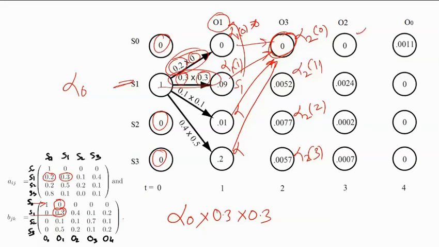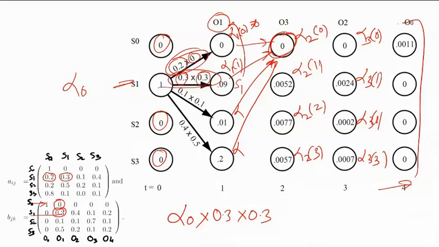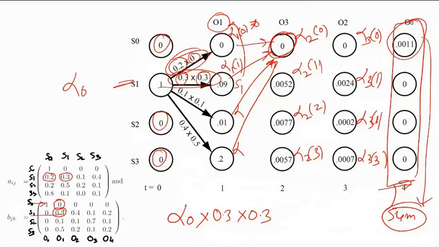Then we will calculate alpha 3 for state 0, alpha 3 for state 1, alpha 3 for state 2, and so on. We will reach this last position and then sum all the probabilities appearing here. You will find that this sum is nothing but the probability of O.